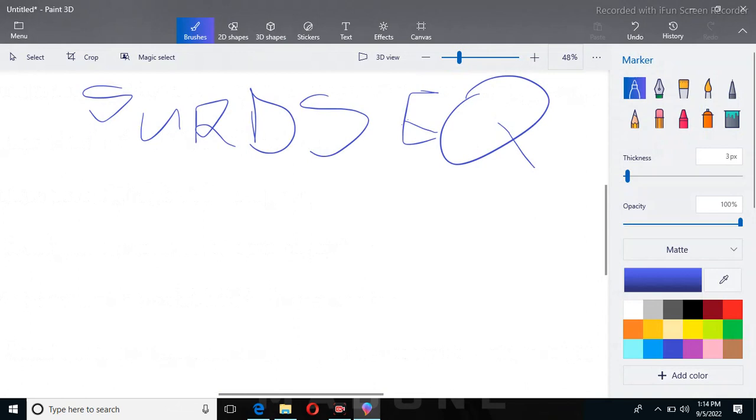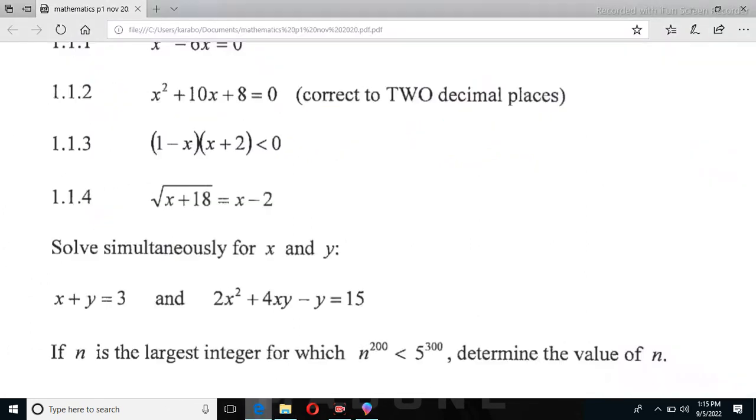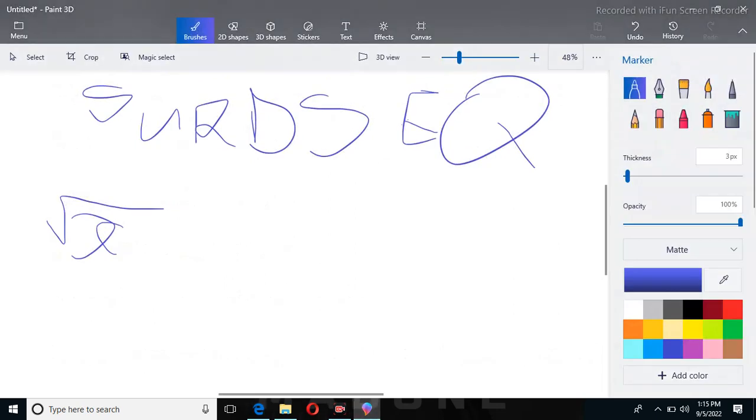They're saying to us we have the square root of x plus 18 is equal to x minus 2. Make sure you have a pen and paper there, please, and that you're writing down what I'm saying. I have one of the most awful handwritings digitally.